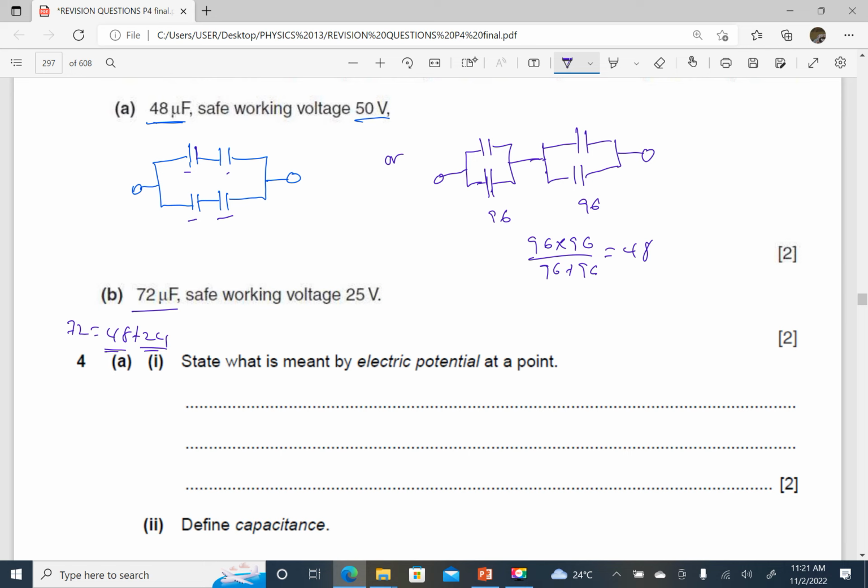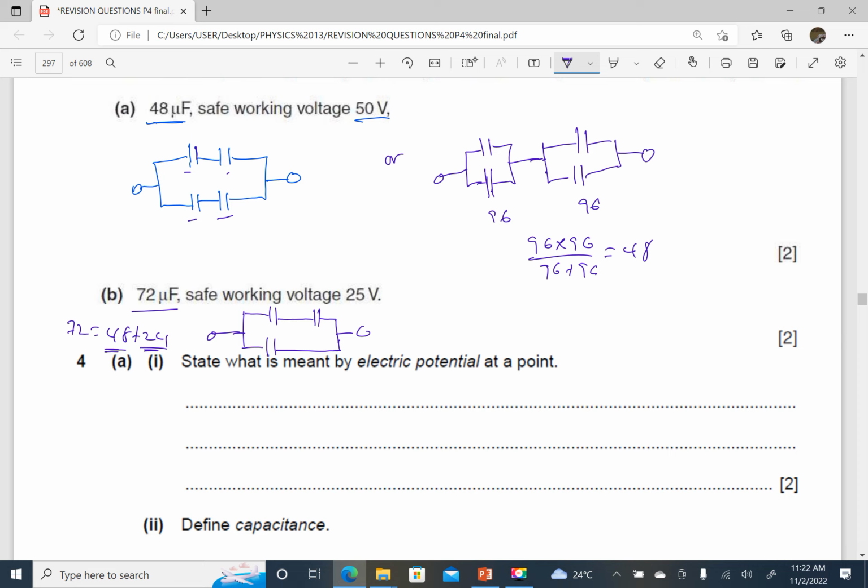So we can have one capacitor of 48 in parallel with two capacitors that are in series, because in series they will give us 24. I will have something like this, one capacitor in parallel with the two. So that gives us 72, because those in series give a total of 24, and we add 24 plus 48 in parallel, which gives us 72.